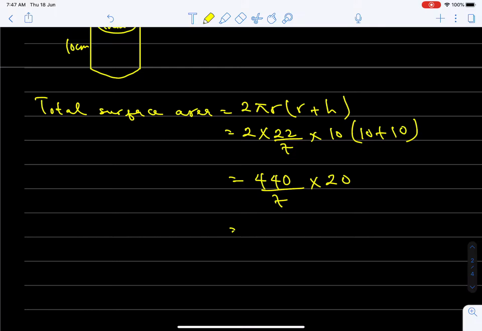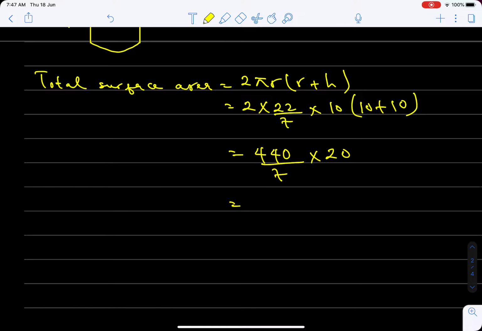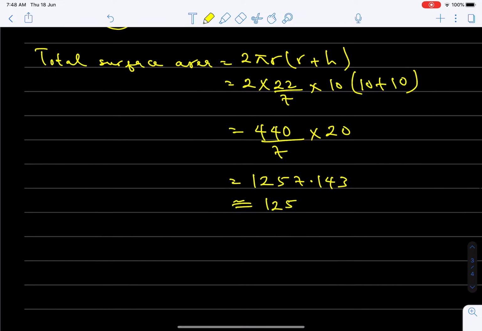So that means that's 1257.143, which is approximately 1257.14 centimeters squared.